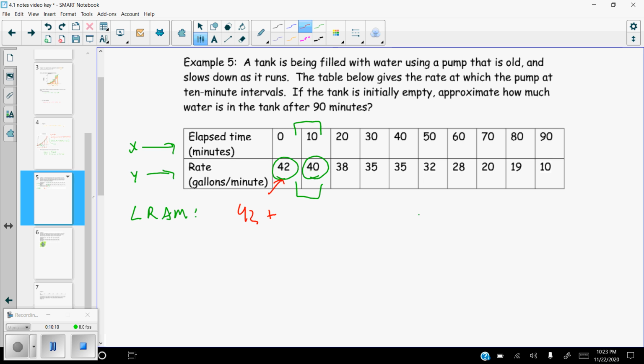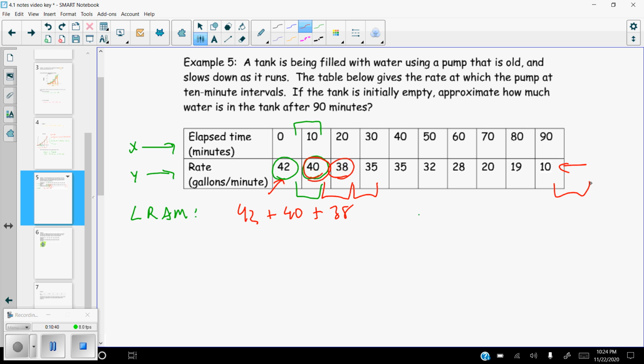Plus. Now if I were to draw another rectangle sitting adjacent to the first one, now the upper left-hand part is going to be 40. Then 38 for the next rectangle, and so on. As a matter of fact, the only value that we won't use will be 10 because it has nothing to the right of it to make an upper left-hand part of the rectangle for.